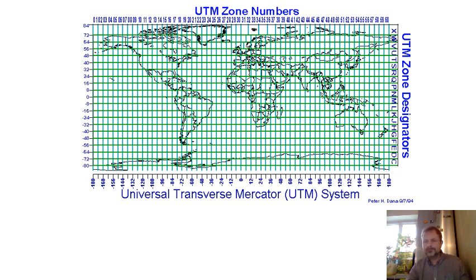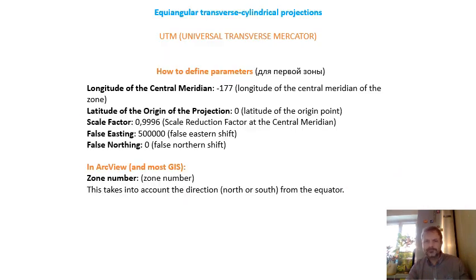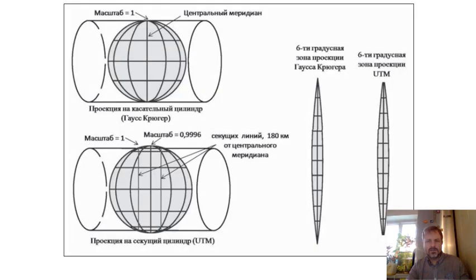Each cell in the grid has its number and letter. Here you can see the explanation of this projection for GIS systems, how to define parameters in a digital environment. And in this picture, you can see the difference between the Gauss-Krüger projection and the UTM projection.